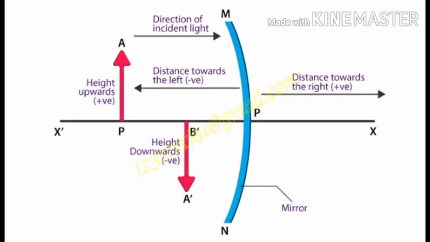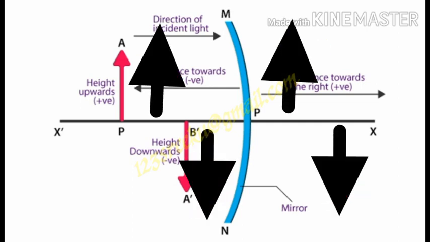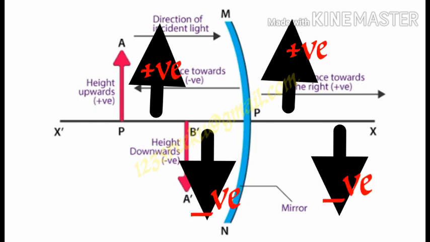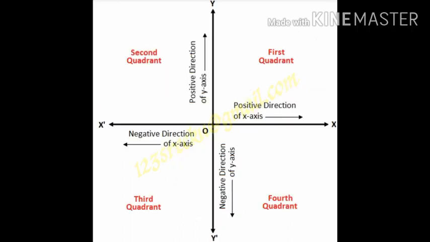The distances measured perpendicular to the principal axis are the height of the object and the height of the image. If these heights are measured above the principal axis, they are positive, and if measured below the principal axis, we assign negative. This is the sign convention.